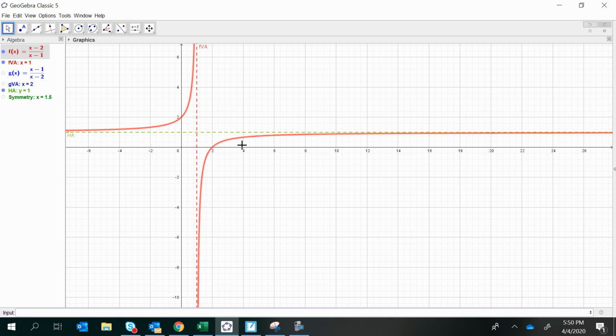While x is going away from its vertical asymptote towards positive infinity, the y values are getting close to the horizontal asymptote again, but from the bottom. So they're always lower than y equals 1. All right, now we'll see how the g function behaves.